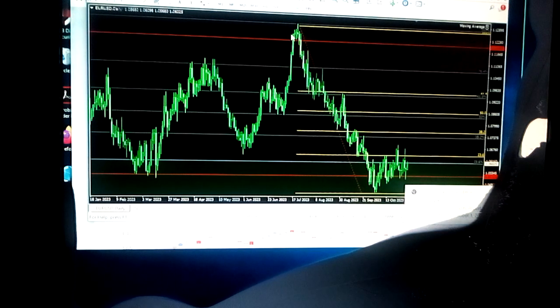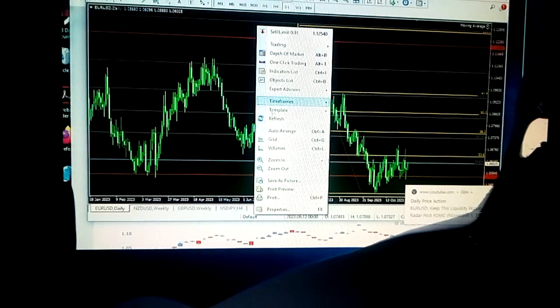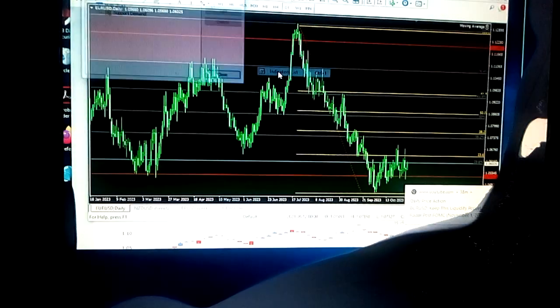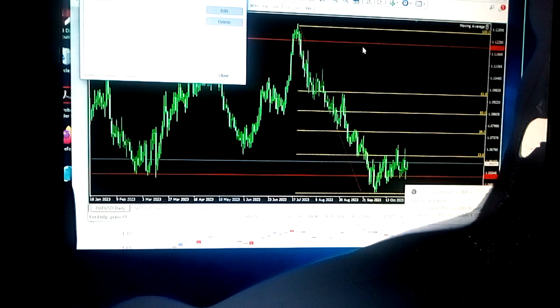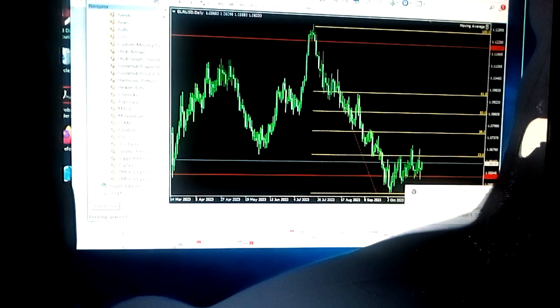But also, when you are trading, you don't want your chart to have a lot of zigzags, a lot of things. As much as possible, try to avoid those, because it will end up confusing you.